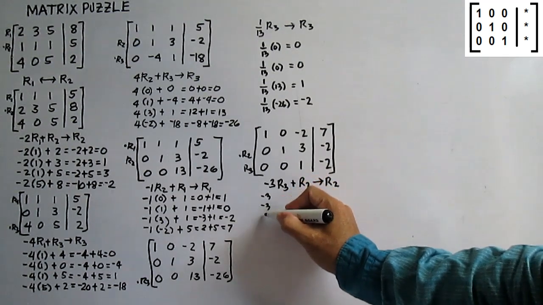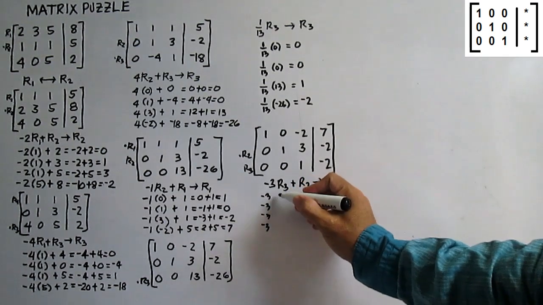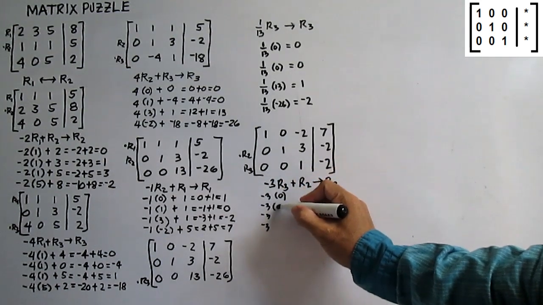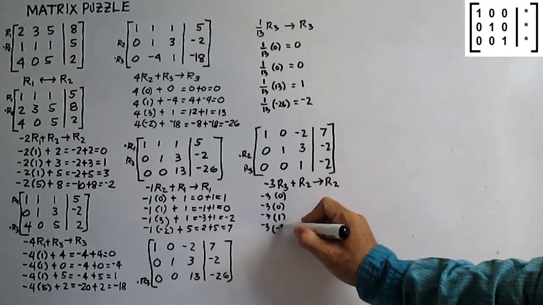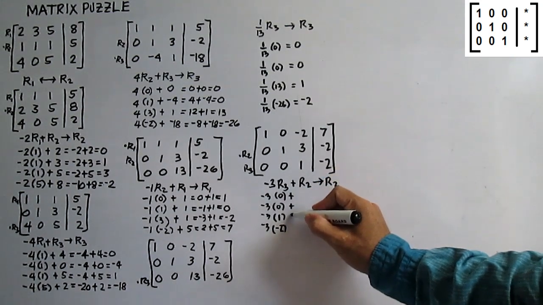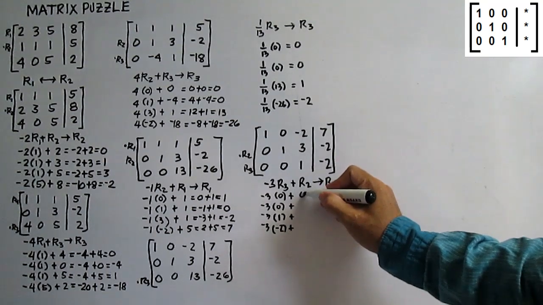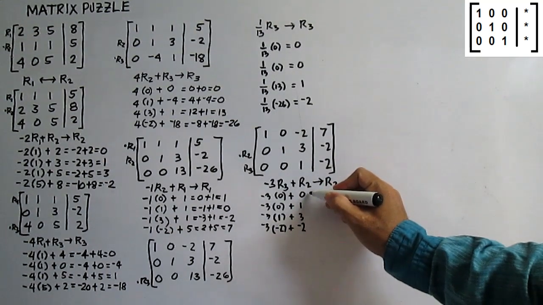Negative 3 times 0, 0, 1, negative 2 plus row 2, 0, 1, 3, negative 2.